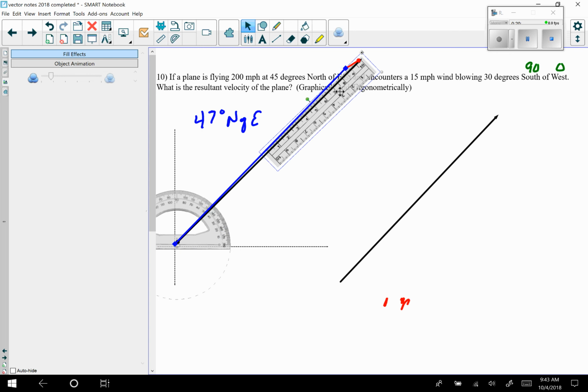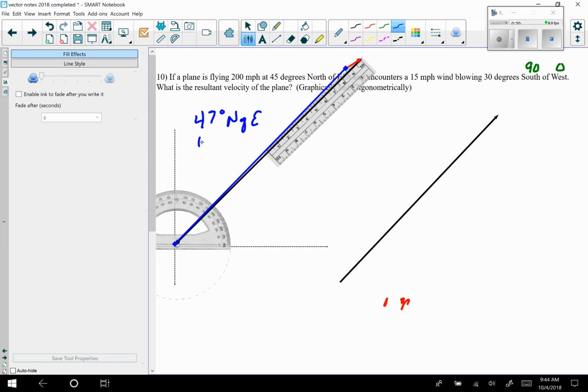It looks like about 18 point something. And once again, you'll do it better with your own ruler. So I've got about 18, about 0.4, something like that, centimeters. And so 18.4 centimeters would be the same thing as about 184 miles per hour.